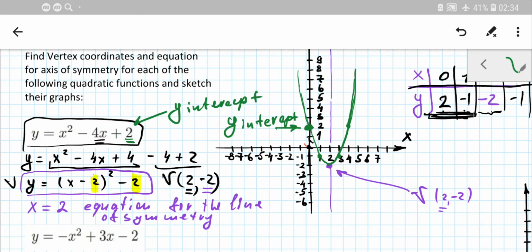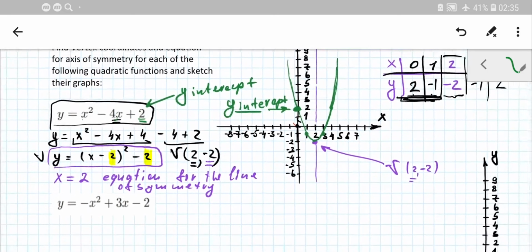If you need an explanation why, you just simply need to put x equals 0, because any point on the y-axis has x coordinate equal to 0. So if you put 0 here and here, you just simply eliminate this part and you're left with y equals 2. So that's why the y-intercept is exactly equal to 2. All right, so we've done the first one.